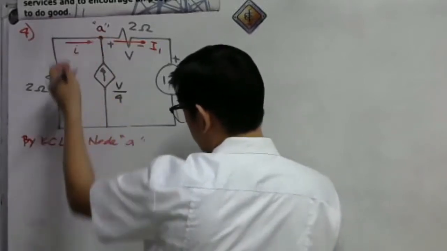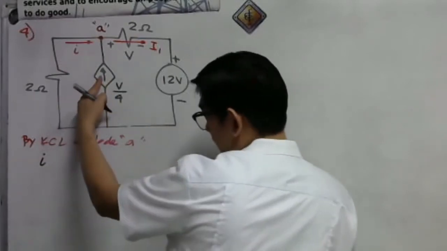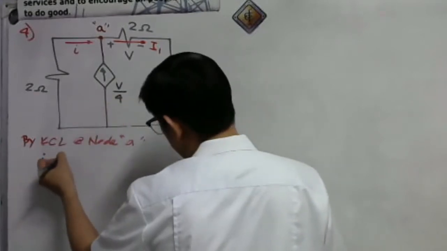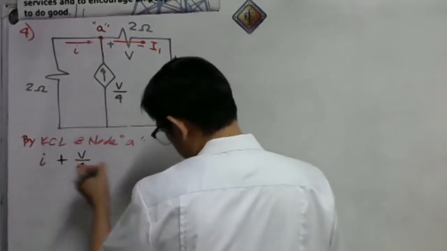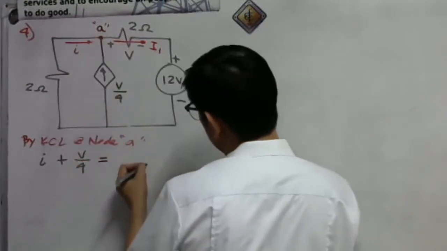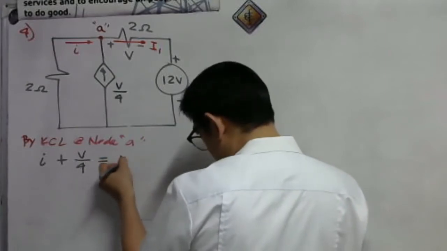The current entering is I, plus the current V over 4. The current leaving here is our I sub 1.